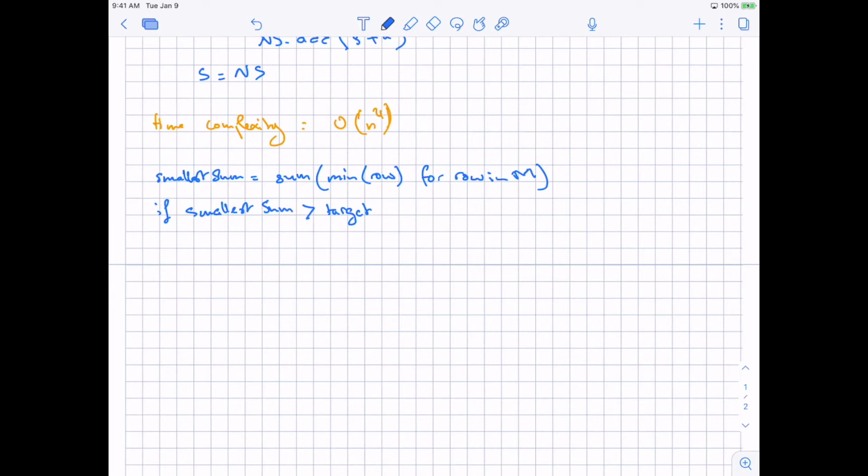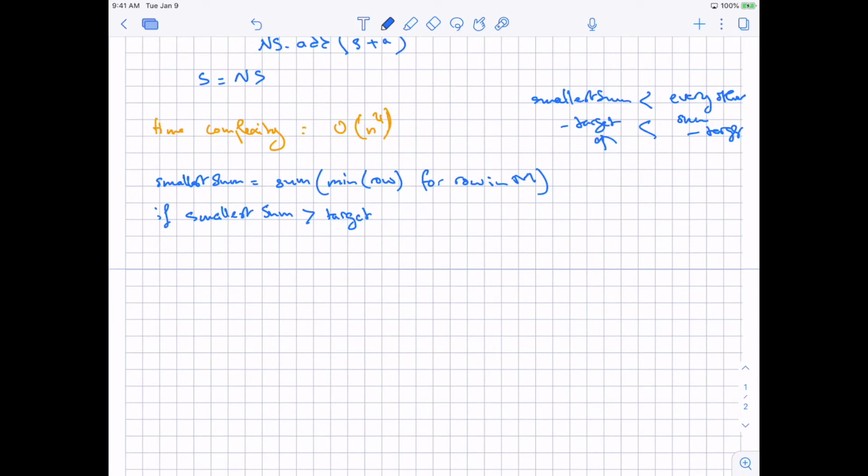By definition, the smallest sum is smaller than every other sum in the matrix, and so we won't improve on the difference. Because if we do this minus target and this minus target, this would be smaller. So we immediately know that if the smallest sum is bigger than the target, this is the best we can do, so we should just return it right away.